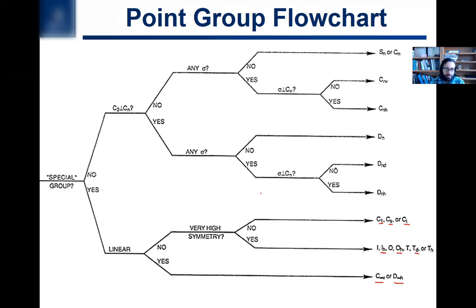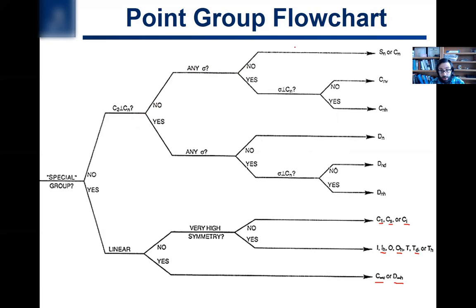All right. Now we can go to the case if we said we're not in a special group. So the first thing we need to ask is, is there a C2 perpendicular to the principal rotation axis? That's what CN means, principal rotation axis. Remember, the rotation axis with the highest number, so like a C6 or C4, something that's the highest in the molecule. If you answer no to that, then you're asked, are there any mirror planes?